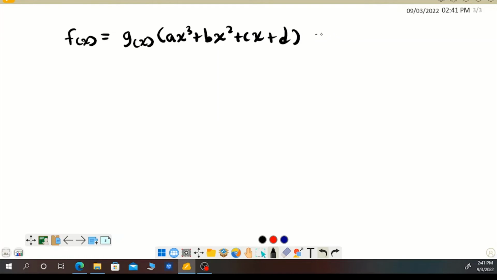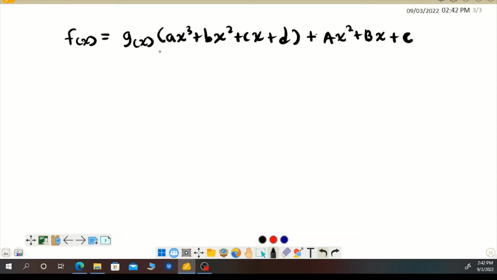If the divisor is a cubic function, then the remainder is ax squared plus bx plus c. So as the power of the divisor increases, the power of the remainder also increases. These are the main things you have to know when solving remainder theorem problems.